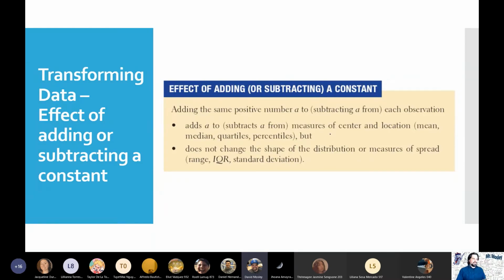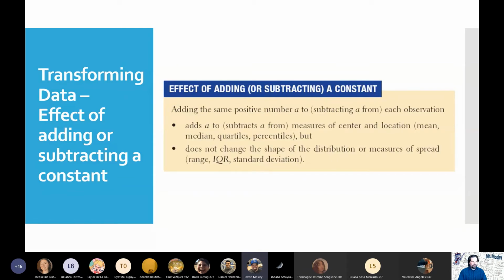Mean, median, quartiles, percentiles. Right? So the measures of center and location of specific points, quartile, median, those types of things, they're all going to shift based on whether we're adding or subtracting. It does not change the shape of the distribution or measures of spread, the range, IQR, and standard deviation.